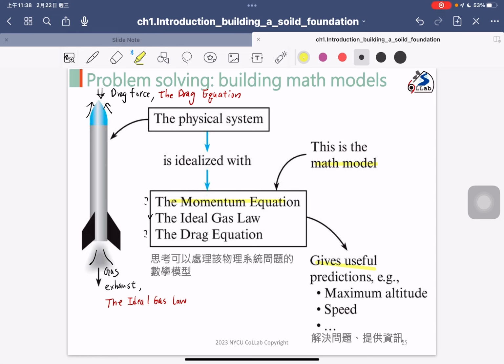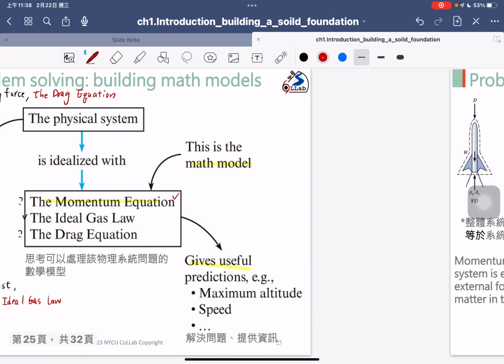So we should compute all of the models, and predict a high enough altitude for the rocket and what speed we need. Sometimes we should build the mass model, but we still didn't know what the momentum equation is.